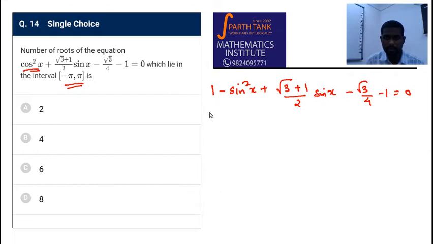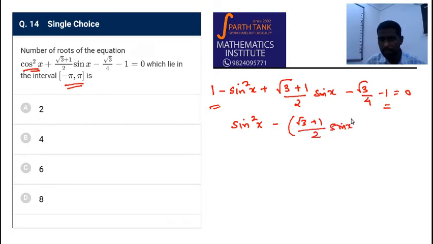Now the 1 and minus 1 cancel each other, and then multiply the whole thing by a negative sign. I get sin squared x minus (root 3 plus 1) by 2 sin x plus root 3 upon 4 is 0. Okay.